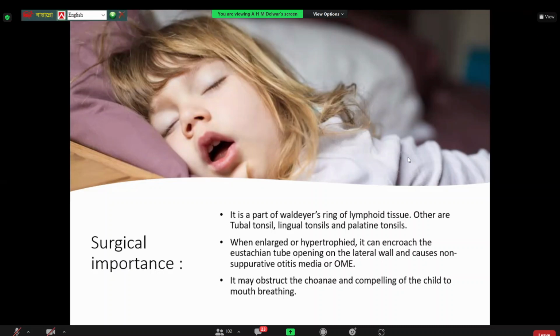And it may obstruct the choana, compelling the child to obligate mouth breathing. There are two airways. By birth, children take their respiration through the nose. If the nose is blocked, there is mouth breathing and open mouth.